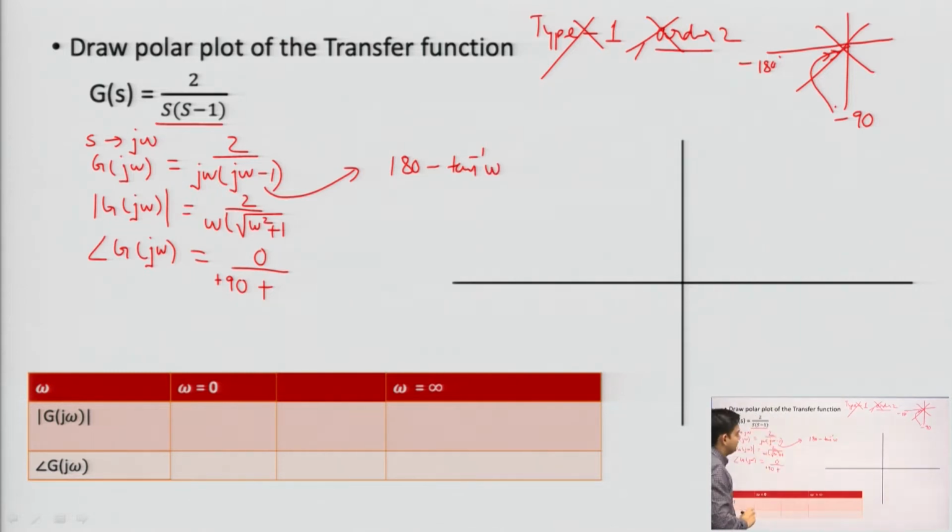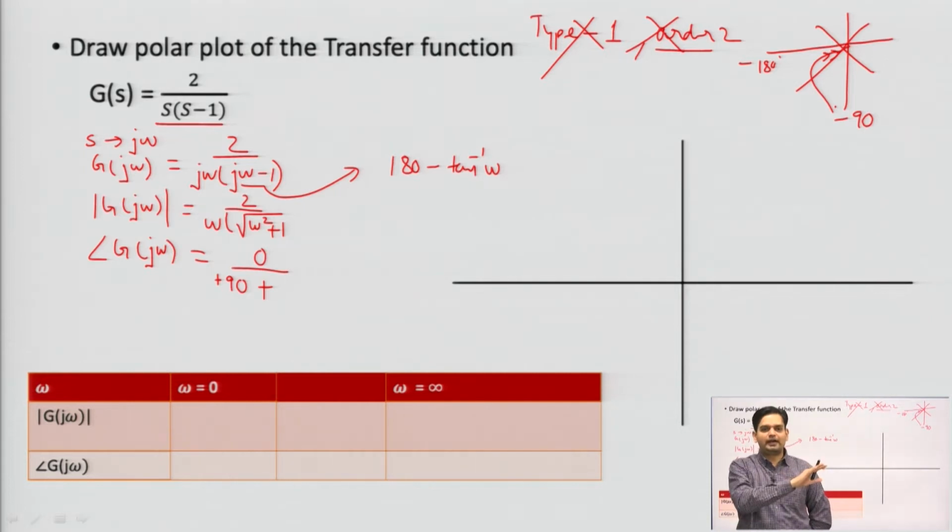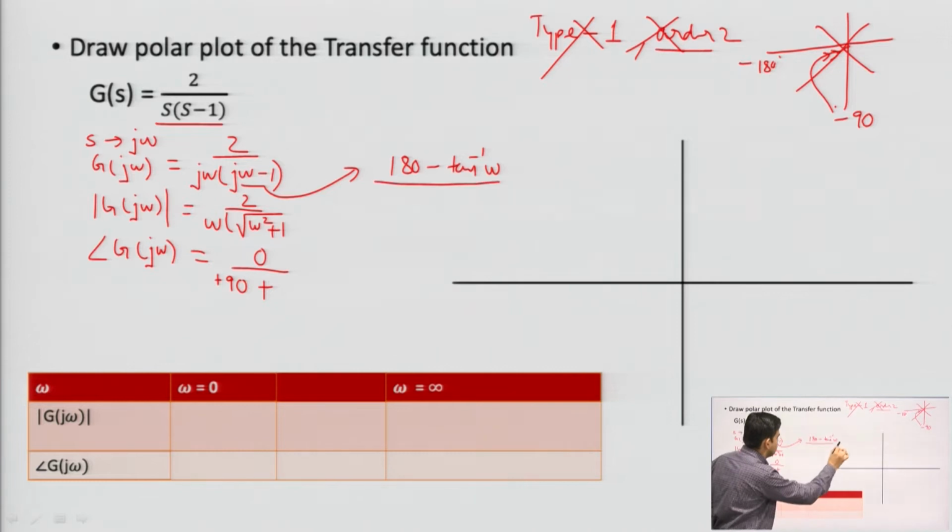We discussed this during root locus also, how to determine the phase for this type of expression. If you would like to see, please revise the root locus angle and phase condition, then it would be very clear how we can write this phase as 180 minus tan inverse omega.